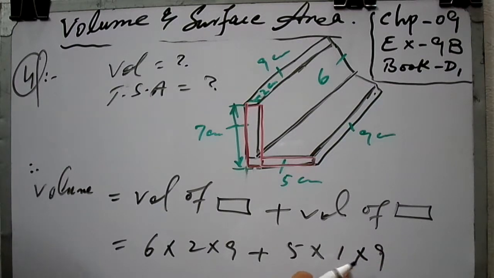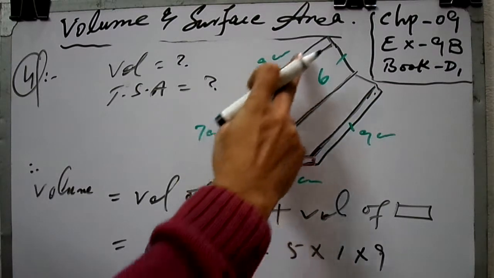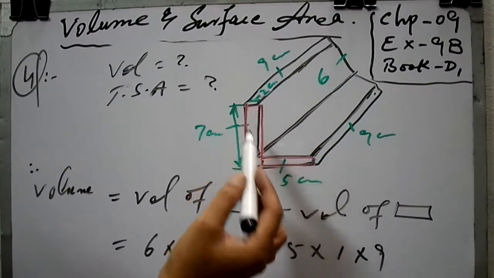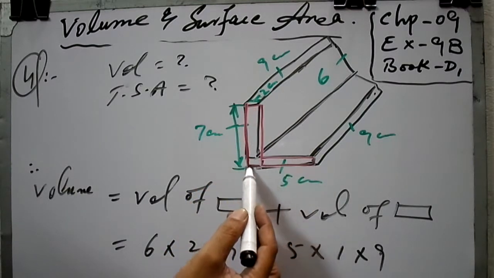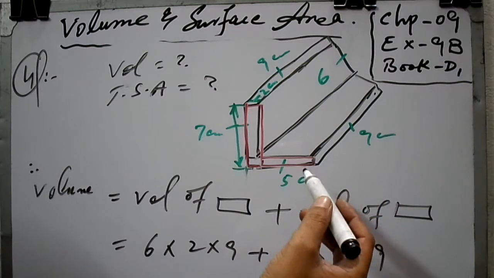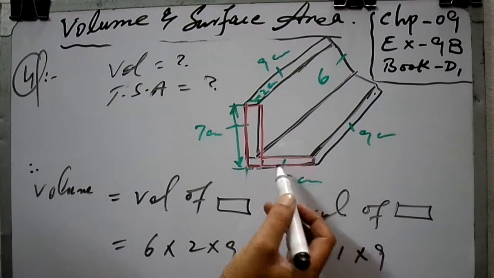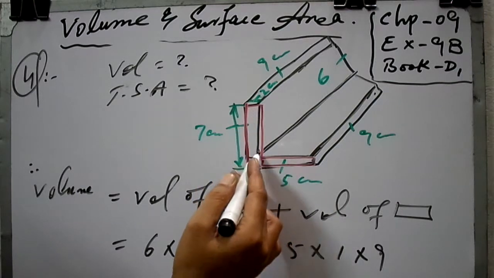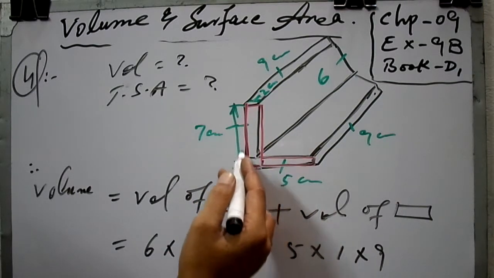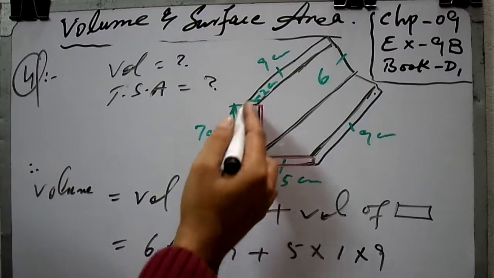Because here the 1 is creating a problem in our mind, because the thickness is 2 centimeter, 2 centimeter, 2 centimeter. But here you can see we have taken this portion from here. So here you can get only one portion, so it is considered as your full rectangle.